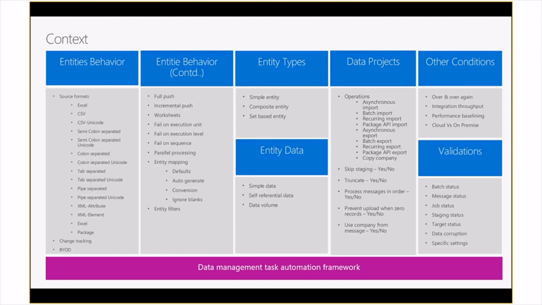And going forward on the entity behavior itself, there are a few other settings that somebody can configure. I'll call out the parallel processing settings, and I'll also call out the entity mapping settings that somebody can do on the mapping itself. Should the value for a column default, or should the value for the column be auto-generated using number sequence? Now, these become quite significant in the context of data migration, right?